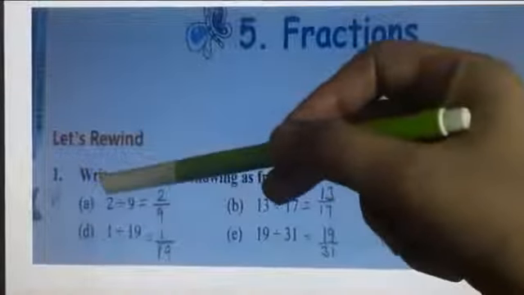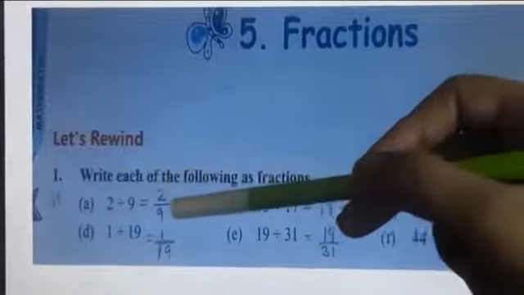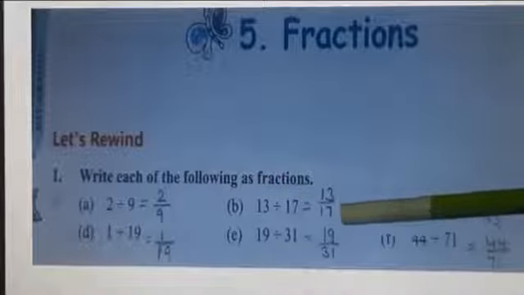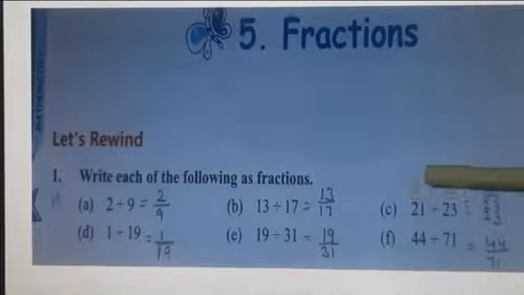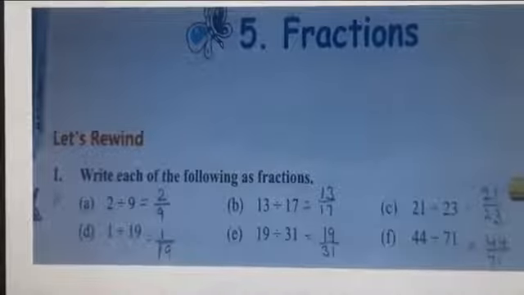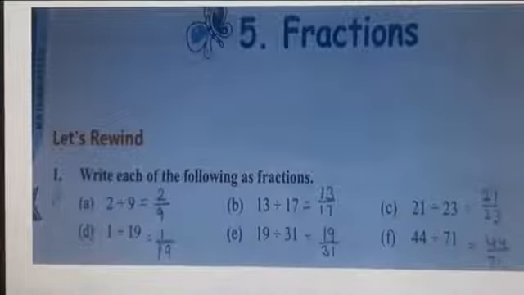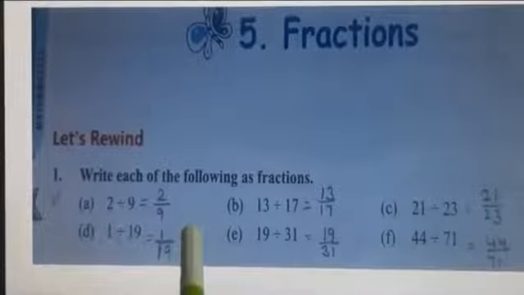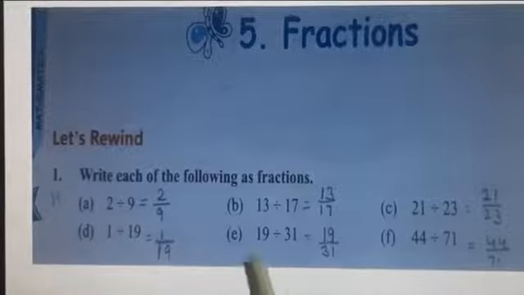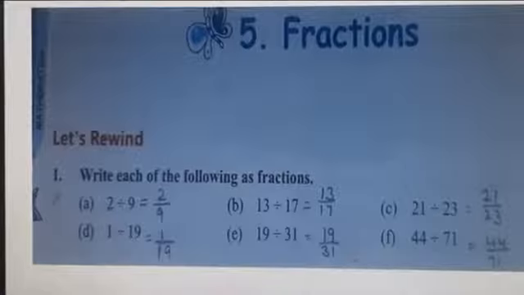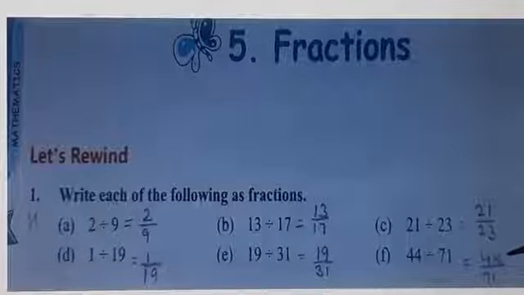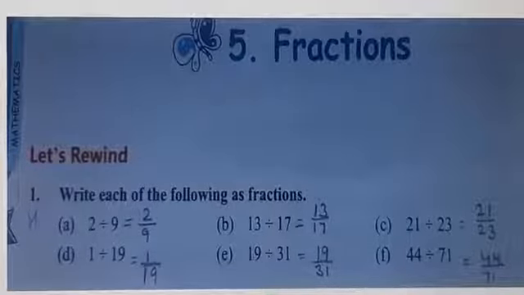So our A part is 2 divided by 9, written as 2 upon 9. 13 divided by 17 becomes 13 upon 17. 21 divided by 23 becomes 21 upon 23. 1 divided by 19, fraction will be 1 upon 19. 19 divided by 31, its fractional form is 19 upon 31. And now F part, 44 divided by 71 is equal to 44 upon 71.